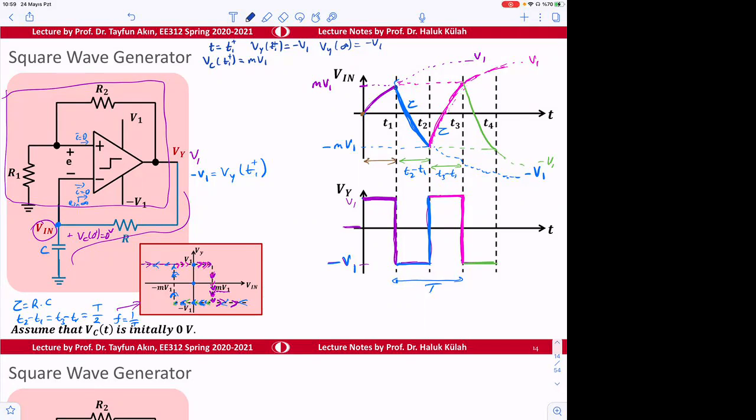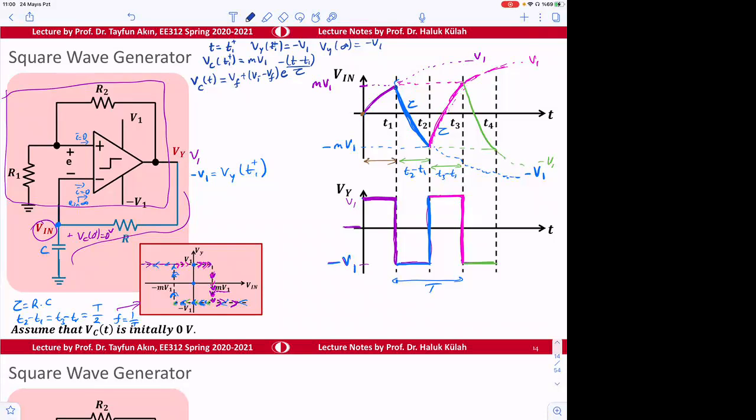But we don't really need to do that. In that period of time, we can write the capacitor equation. Vc of t in this period is going to be equal to V final plus V initial minus V final times e to the power minus (t minus T1) divided by tau. Okay. Because the timing, we started from T1.